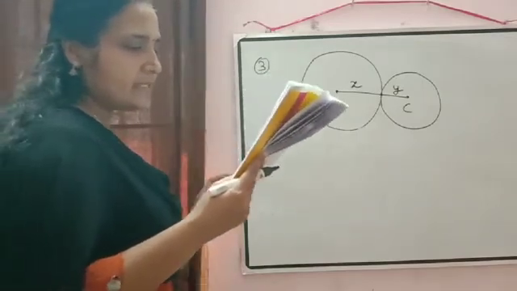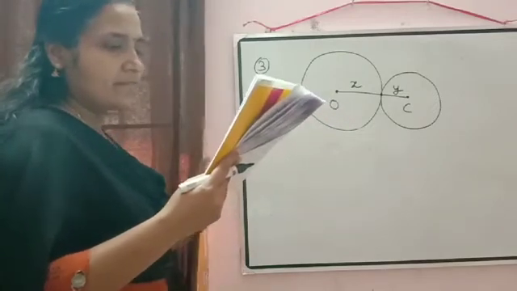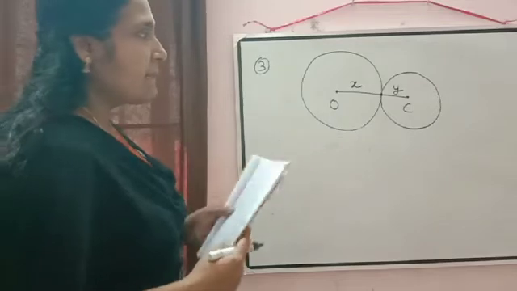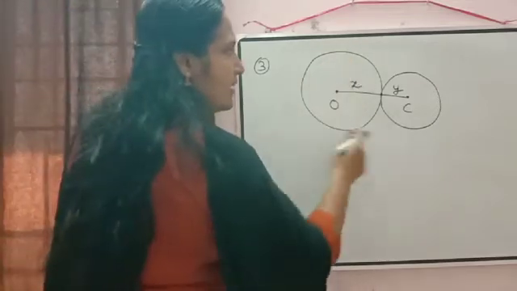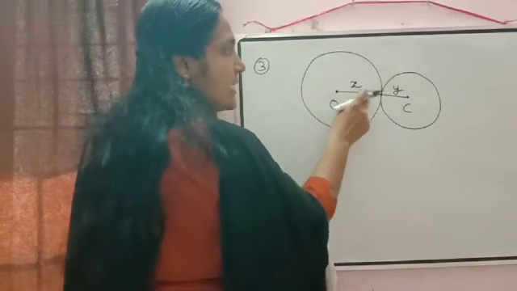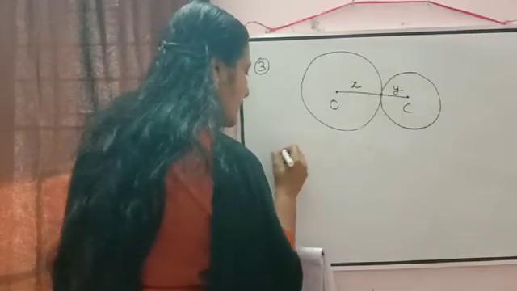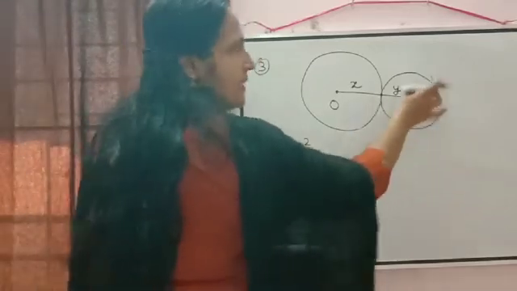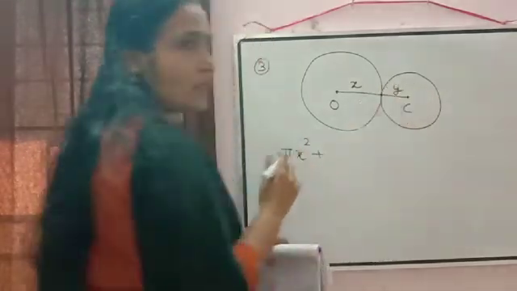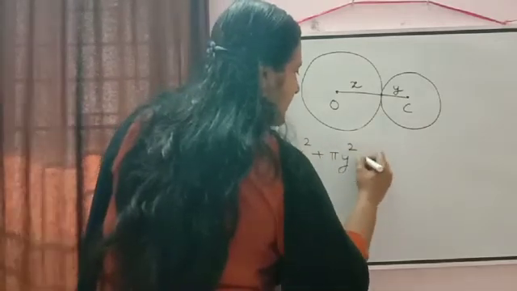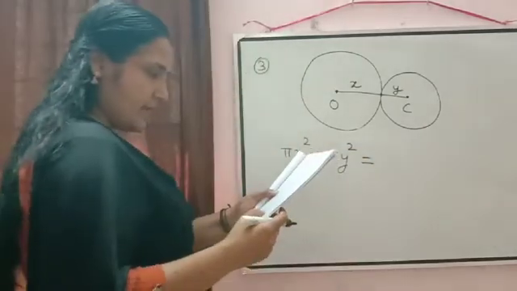Now what is the information given? The sum of the areas of these two circles is 130 pi. So what is the area of the first circle? The radius of the first circle is x, so the area will be equal to pi x square, plus the radius of the second circle is y, so its area will be pi y square, is equal to how much is given?